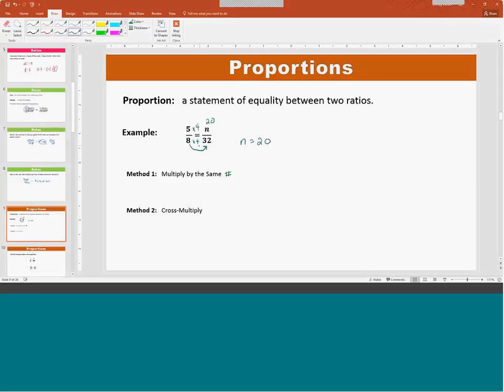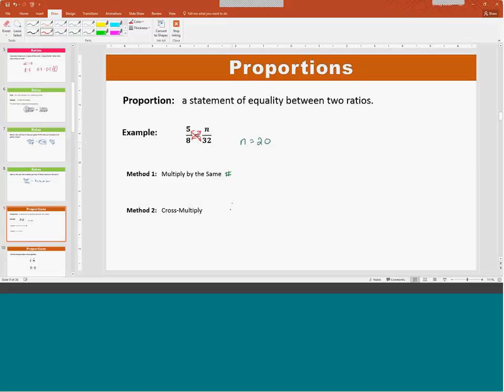Or if that's not possible, and sometimes it's not because these values don't always work with a whole number multiplier, method number 2 is cross multiplication. When you've got equivalent ratios in proportion form, you can cross multiply and solve for your missing value.